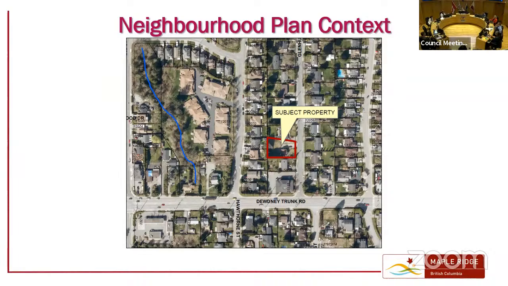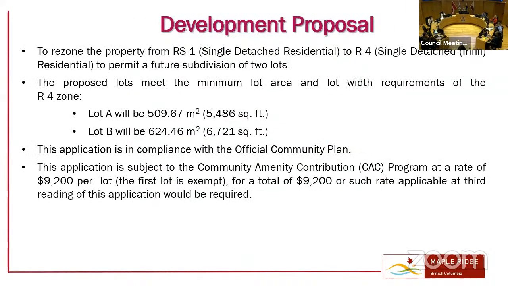There are significant trees along the western as well as the southern perimeter of the property that are generally going to be maintained as part of this development. Vehicular access to the site currently is from Glenhurst, and it will continue to be off Glenhurst Street as well.